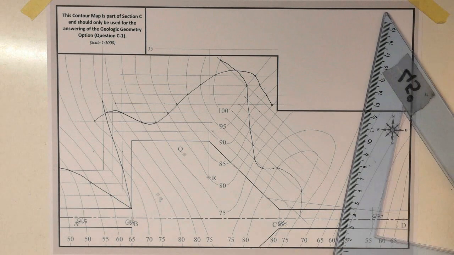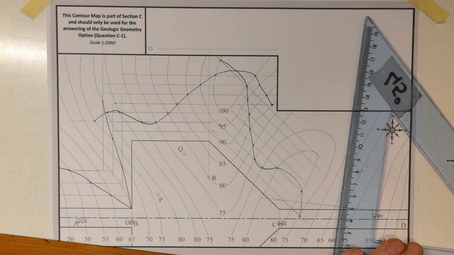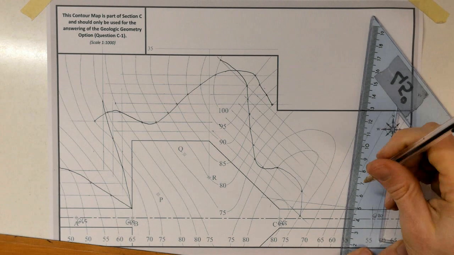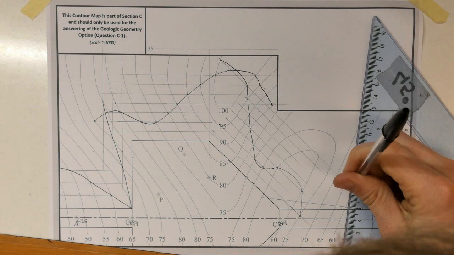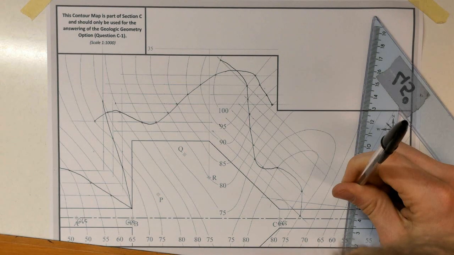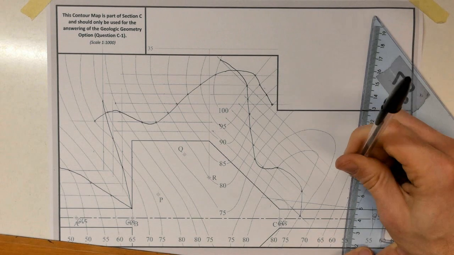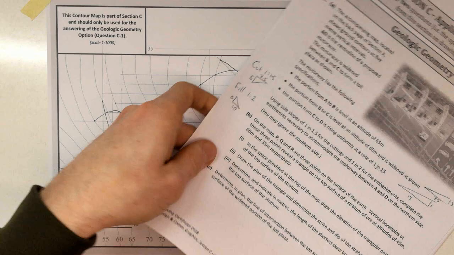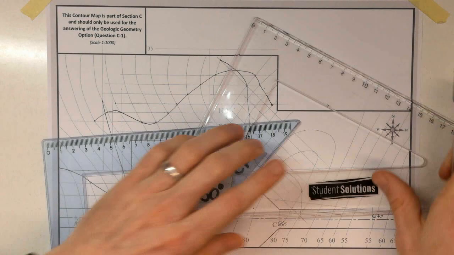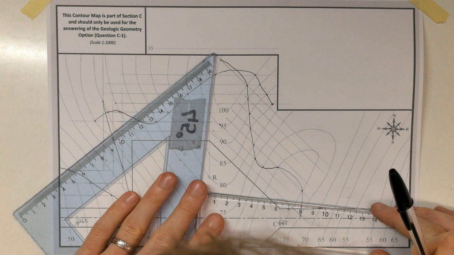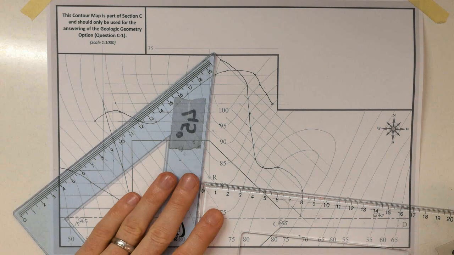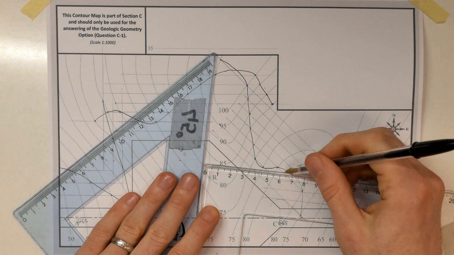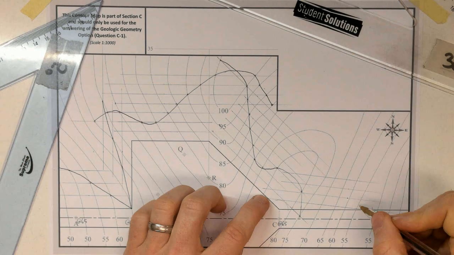So now I'm going to go out in 7.5 millimeter intervals again. Okay, so that's 70.